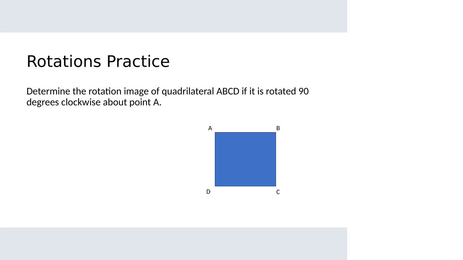Kind of looks like a square. I wasn't told that it was a square, so I'll go with quadrilateral. We're rotating 90 degrees clockwise, so the same direction a clock goes, about point A. And that tells us something. Take a minute, maybe two, to perform this rotation, and then we'll talk about it together.